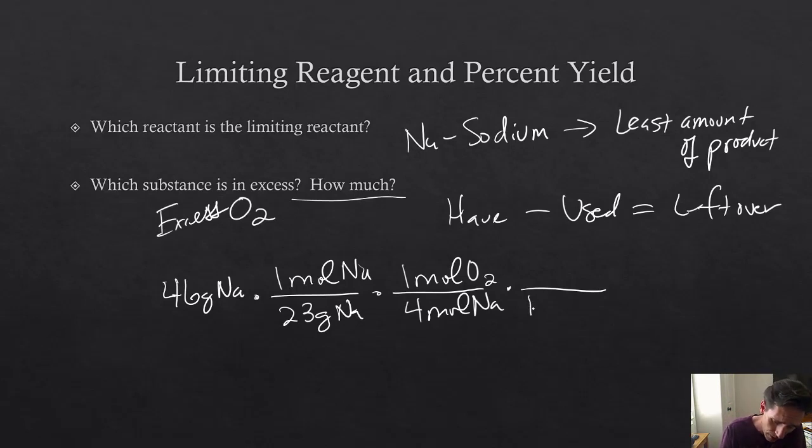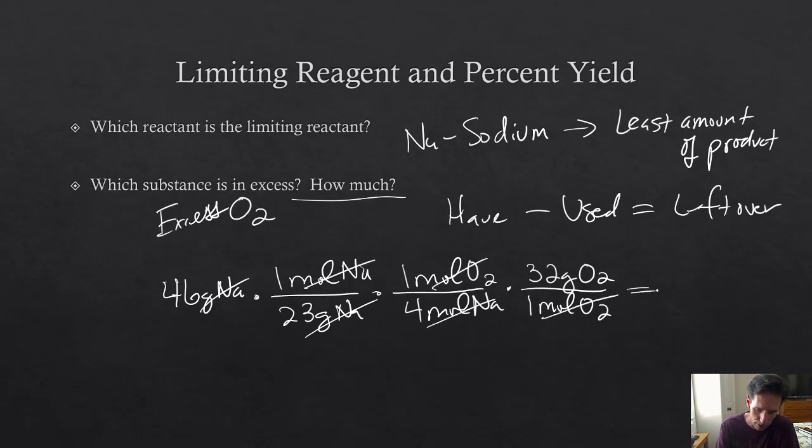For every 1 mole of oxygen, there are 32 grams of oxygen. That's the molar mass. So the grams of sodium will cancel out, the moles of sodium will cancel out, and the moles of oxygen will cancel out. If I do my math here, it's going to be half, so 16 grams of oxygen. You're going to say, okay, 16 grams of oxygen, what does that mean?